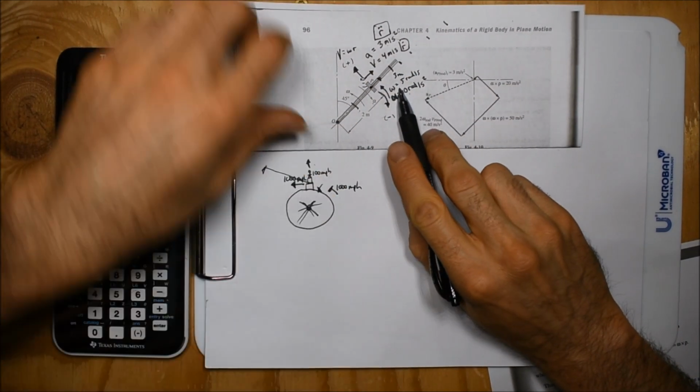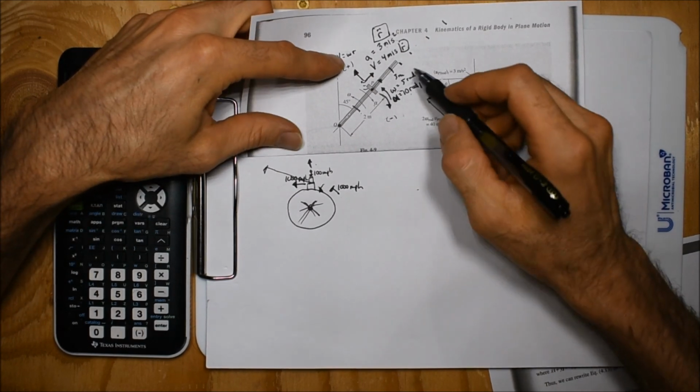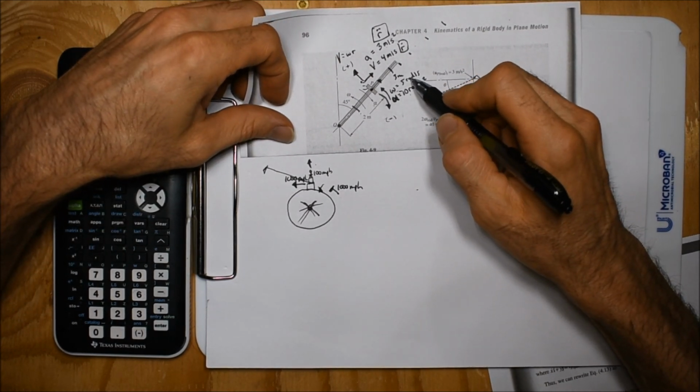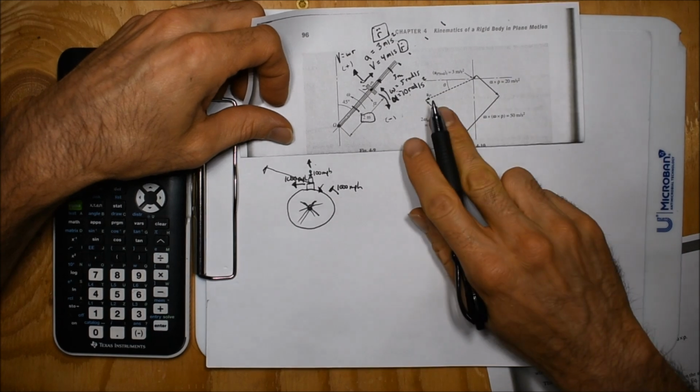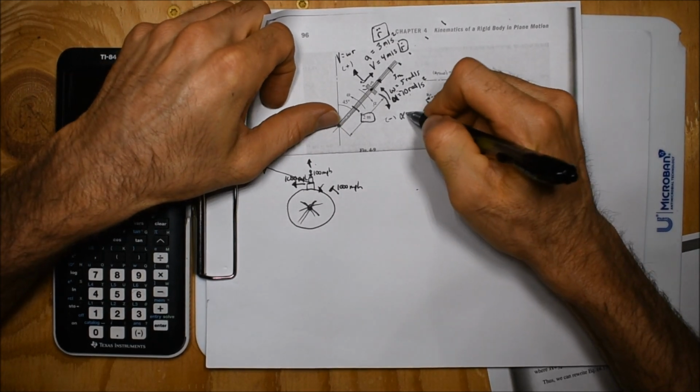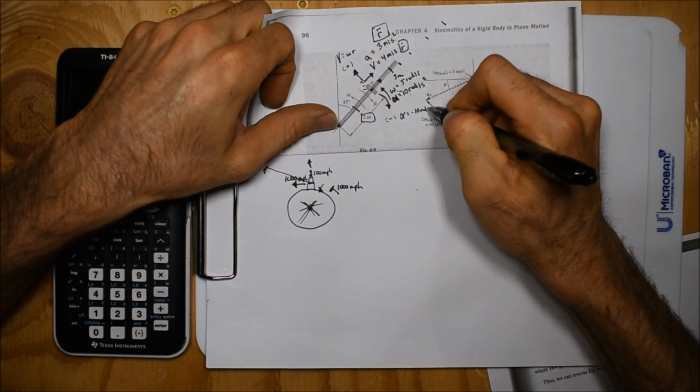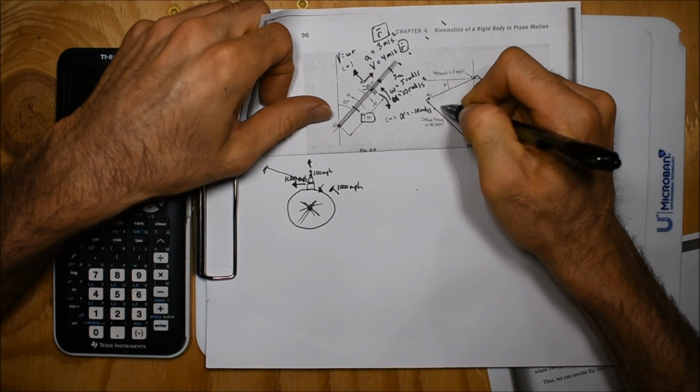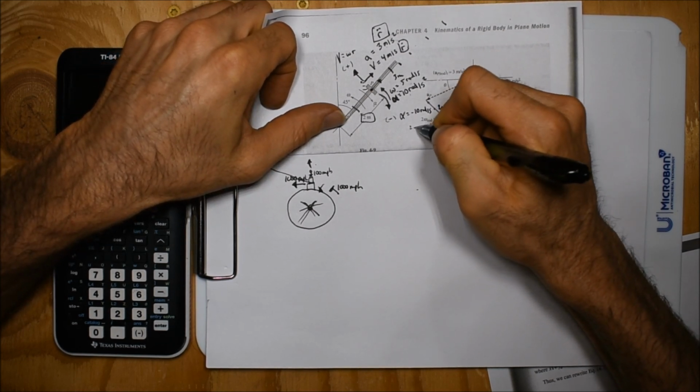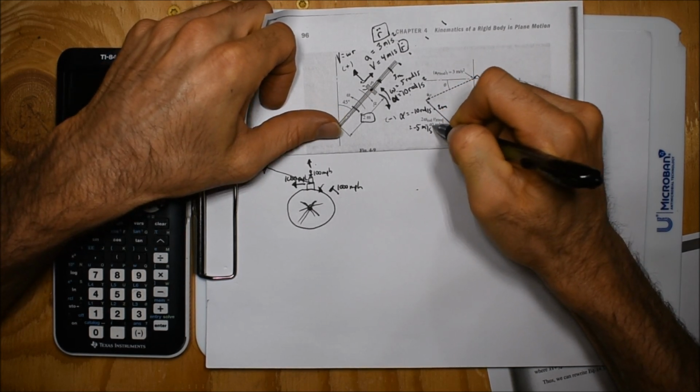Anytime you see the word radians, just say radians times radius is something useful. So alpha is equal to negative 10 radians per second squared. Times the radius, 2 meters, and we get negative 20 meters per second squared.